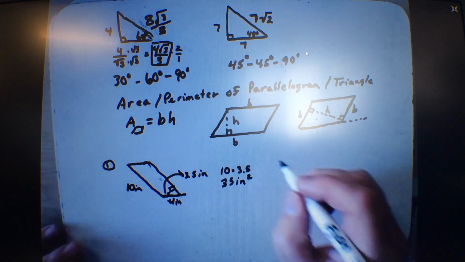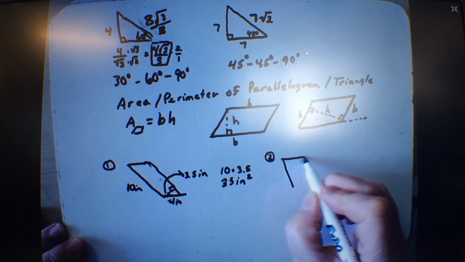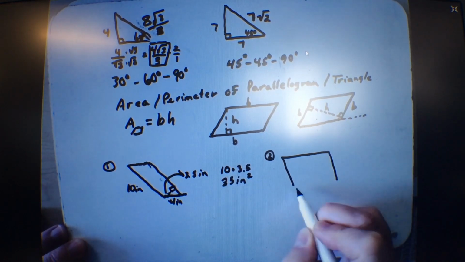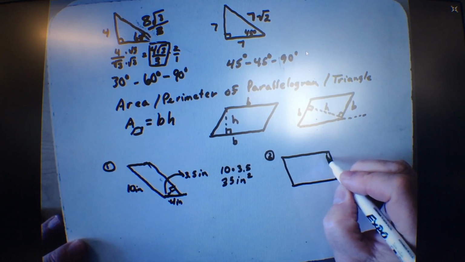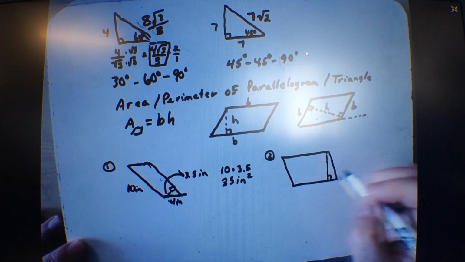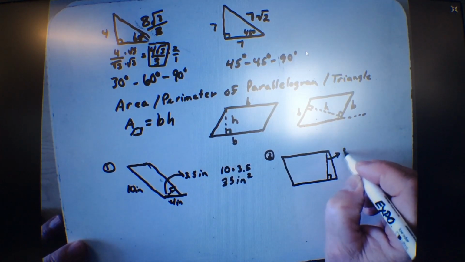Okay, so let's take a question number 2. Let's have a parallelogram that looks like this. And this comes straight down. Okay. And this angle right here is 30 degrees.